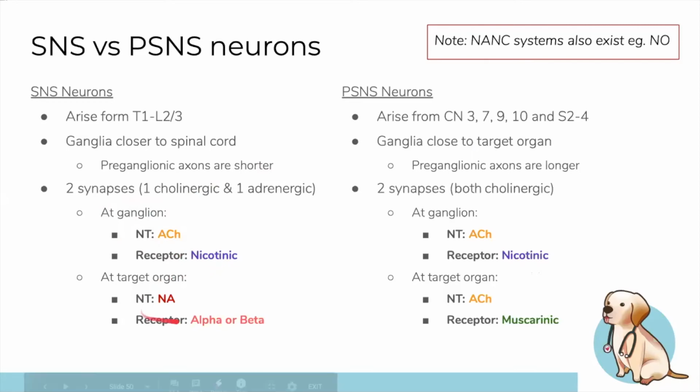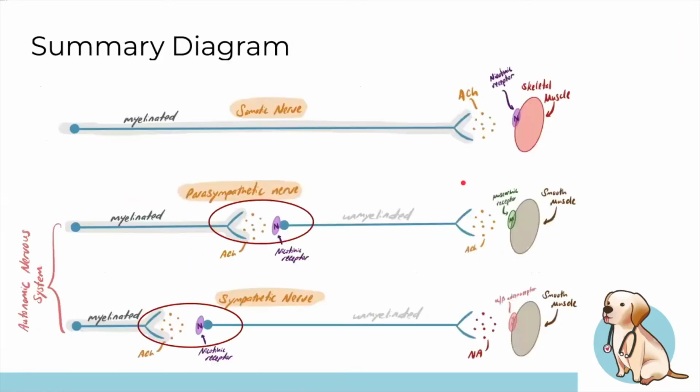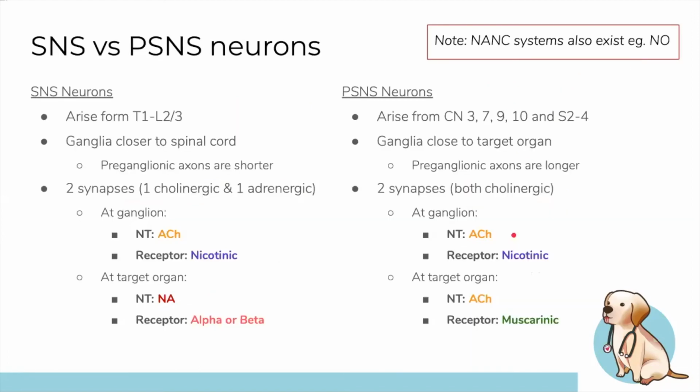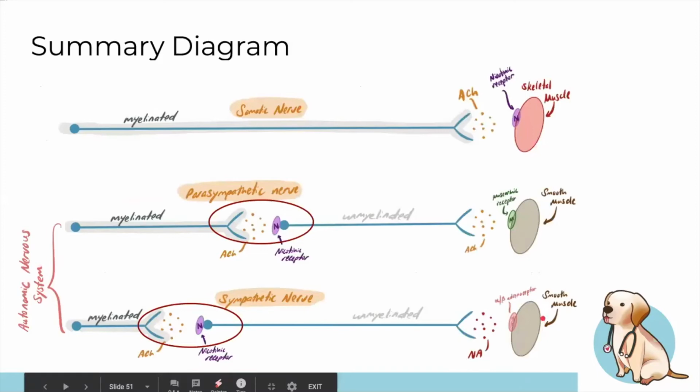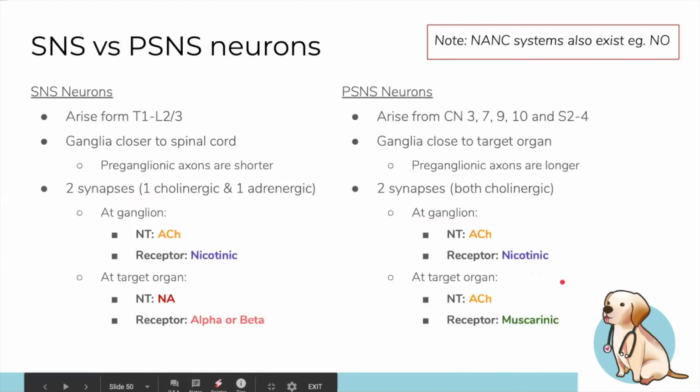And at the target organ, that's going to be your noradrenaline acting on either an alpha or a beta adrenoceptor. Next we've got the parasympathetic neurons. At the ganglion, it's got the same neurotransmitters and receptors, but at the target organ, it's going to release acetylcholine and act on a muscarinic receptor.